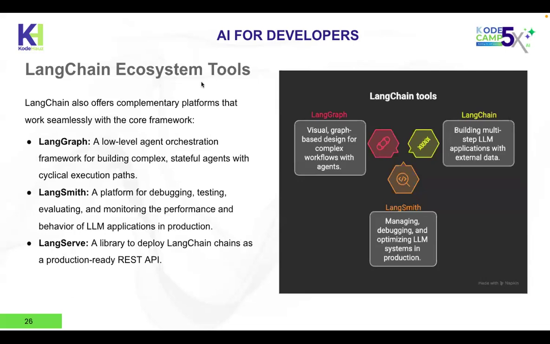So the additional things which LangChain has that makes it really great and powerful is that it offers additional tools that helps you to work better with the core LangChain framework. So you have LangGraph. LangGraph is what we call an agent orchestration framework. It's basically a framework that allows you to pull together different agents that you may have created and to orchestrate them.